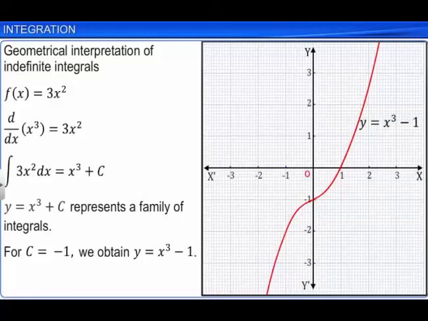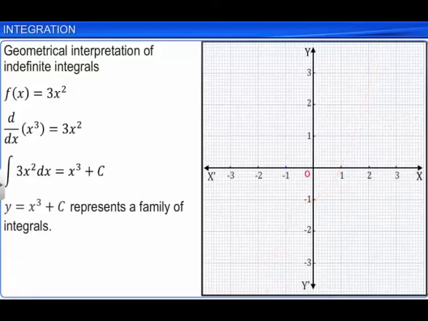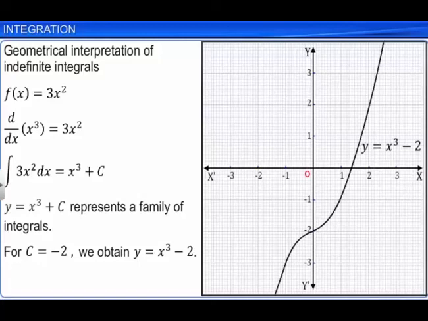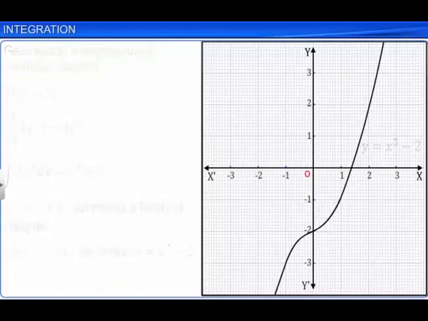In a similar way, for c is equal to minus 2, we have y is equal to x cubed minus 2, and the graph is as shown here. Hence, by assigning different values of c, we get different members of the family. These members of the family together constitute the indefinite integral.